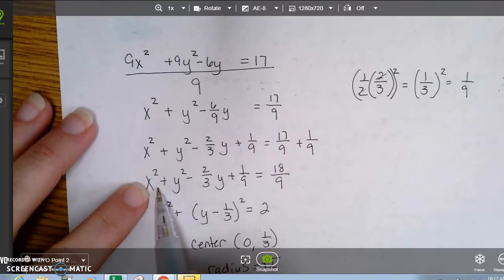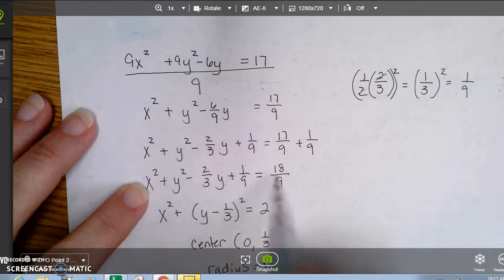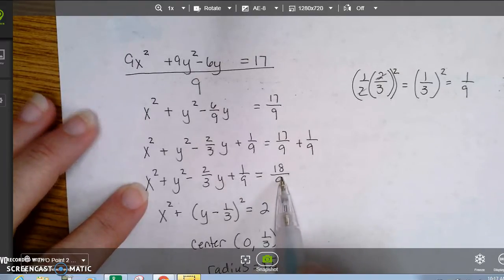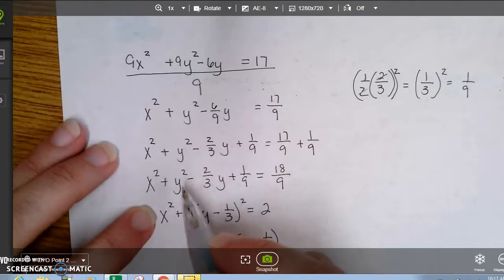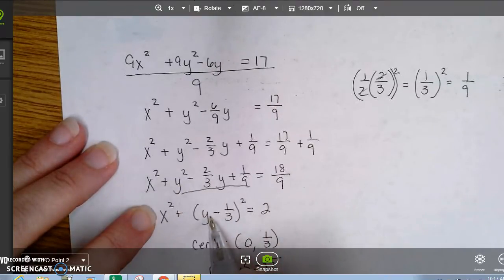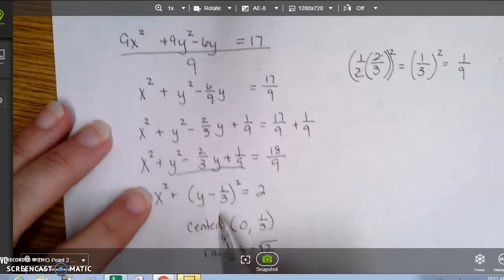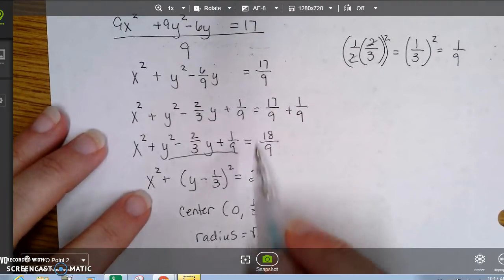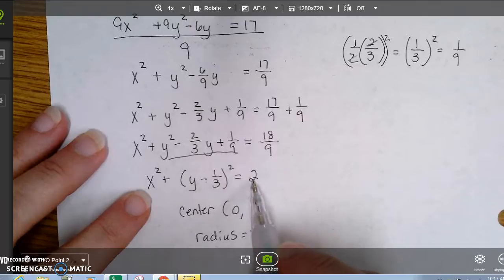So I just bring down the x squared, here's my 1/9, here's 18/9. So again, perfect square trinomial, the square root of that is y, the square root of that is 1/3. The sign always comes from the middle term, so that's why we have the negative in front of the 1/3 this time. And then 18 divided by 9 is 2.